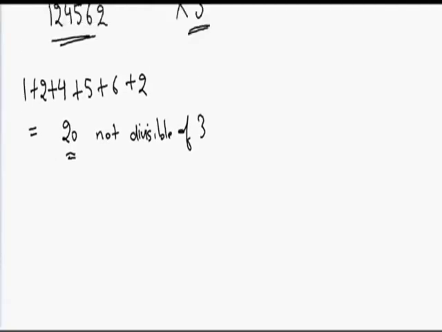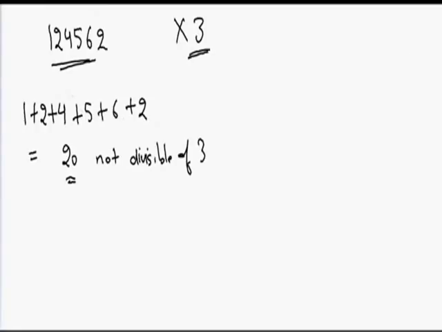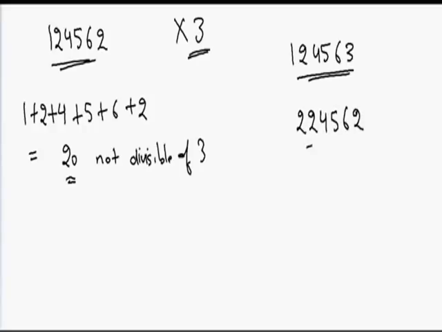So what should the number be if it has to be divisible by 3? What would have happened is that instead of 2, if you make it 3, so 124563, and we write 3 at the end, then this sum will become 21. So that number should be divisible by 3. Or we can increase any other digit. We can say 224562. That should also be divisible by 3.